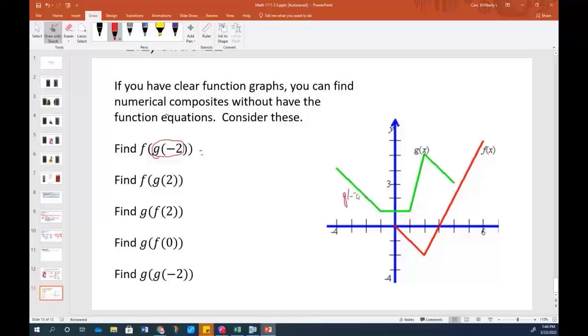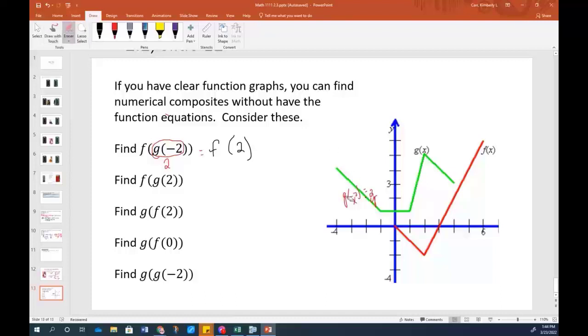So what that tells me is that g of negative 2 is equal to positive 2, because that's the x value I used and this is the y value I got. So g of negative 2 is positive 2. So then that means this problem becomes f of positive 2.